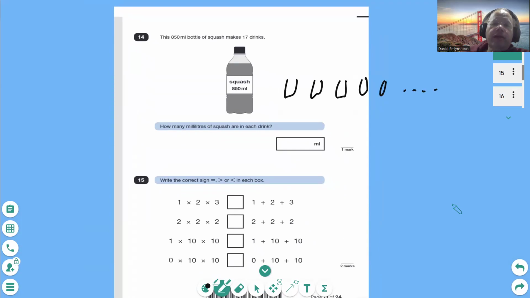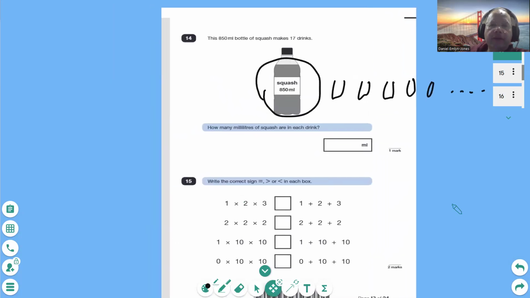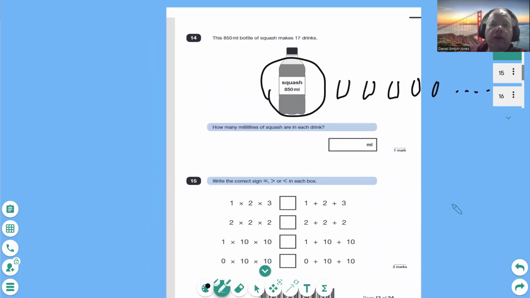So your 850 has to be divided into 17 cups, doesn't it? So something you could do here is 850 divided by 17.